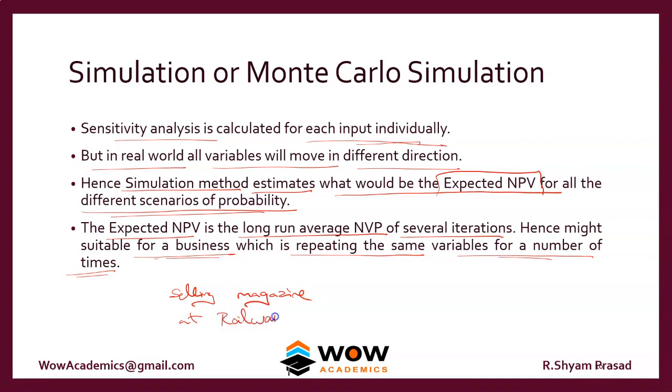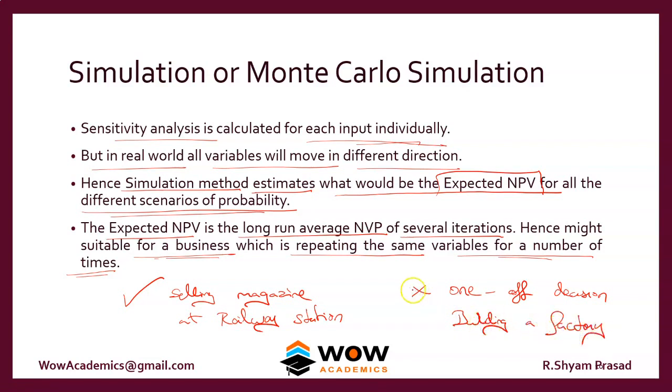Okay, so for that decision simulation is useful, but it is not useful in one-off decisions. You can't apply simulation or Monte Carlo method, such as building a factory. For that you can't apply this method. Okay, so that's about the theoretical background.